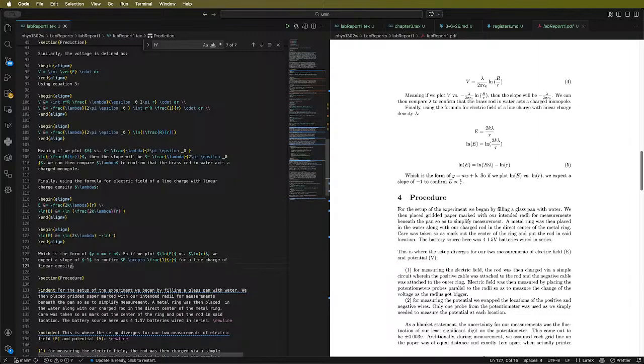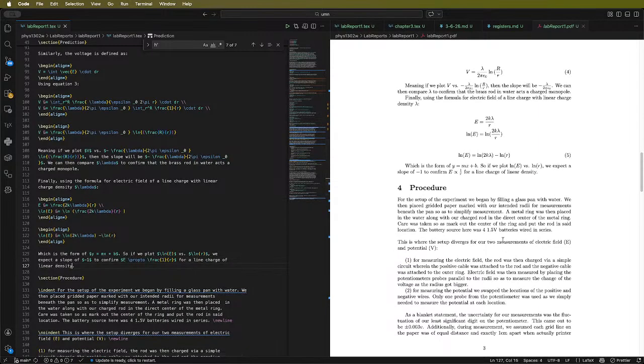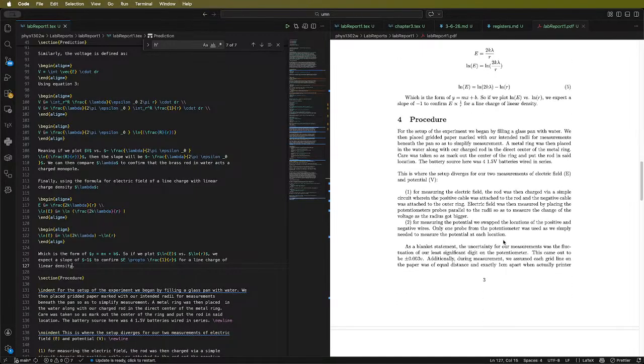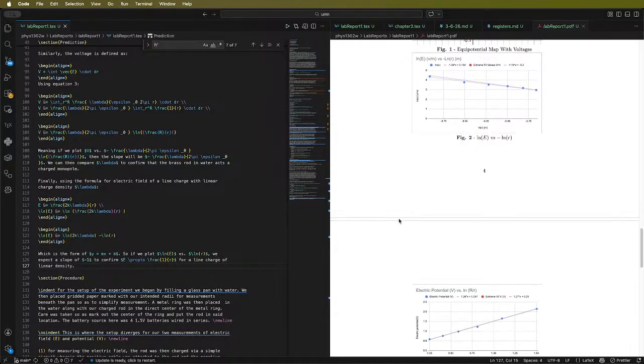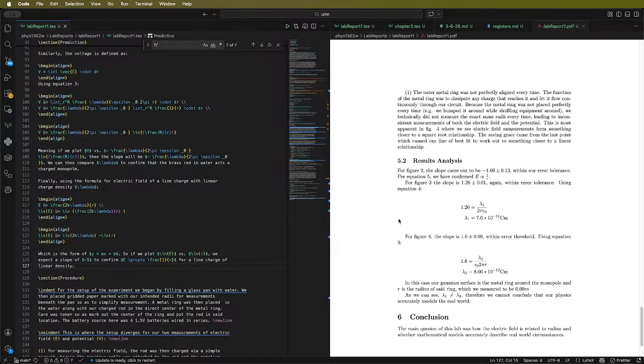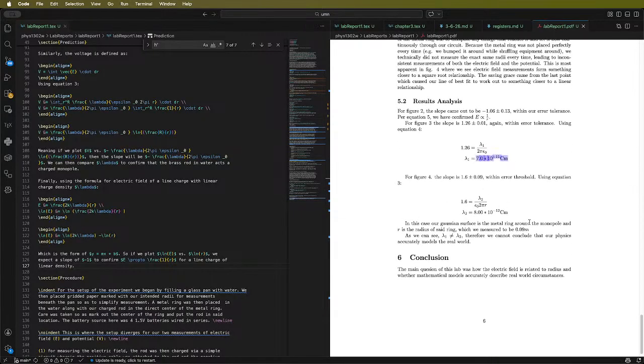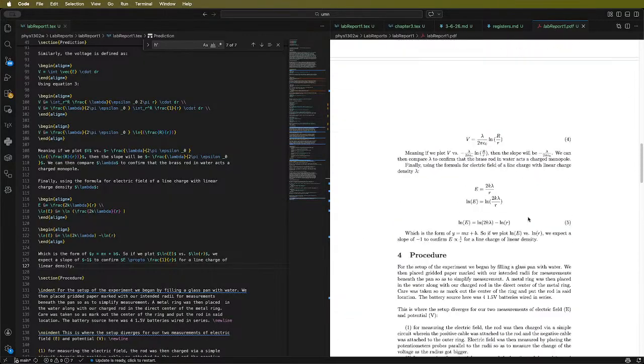We'll just say that. I don't know, that's what we were told to plot. Yeah, you can see that this is not right. These two lambdas don't agree.